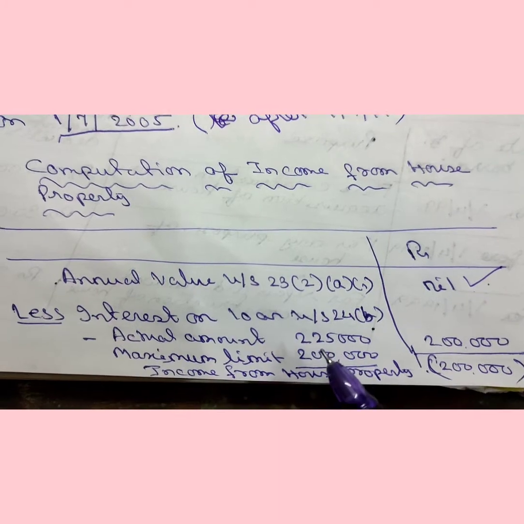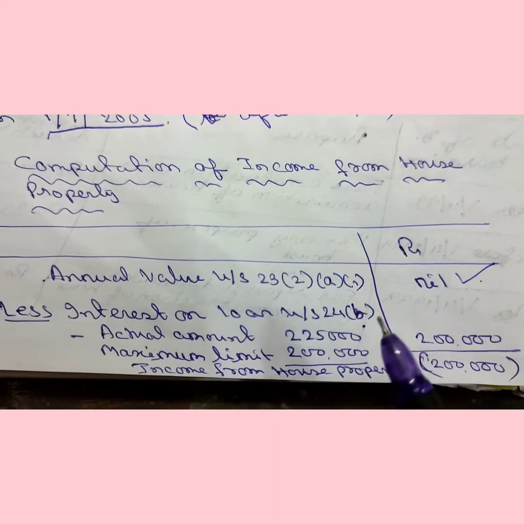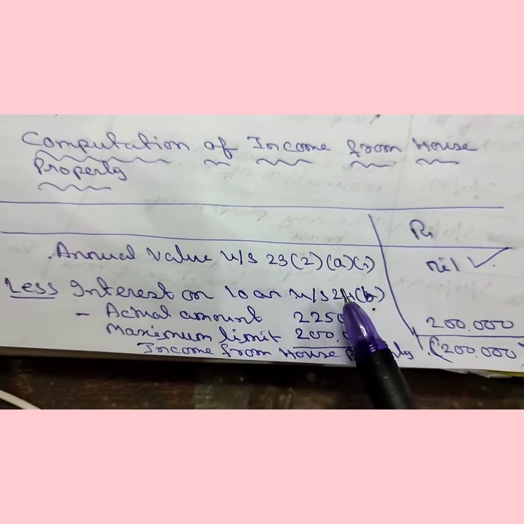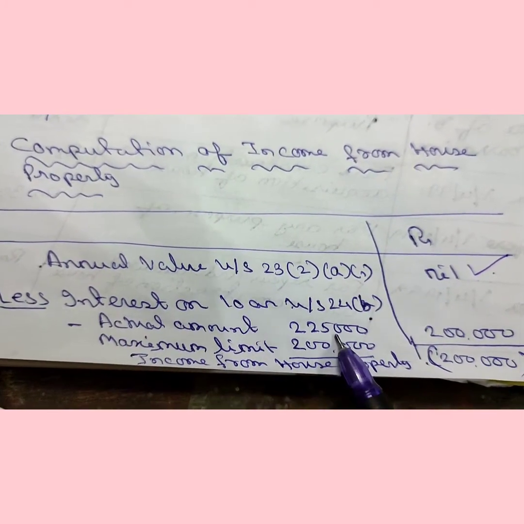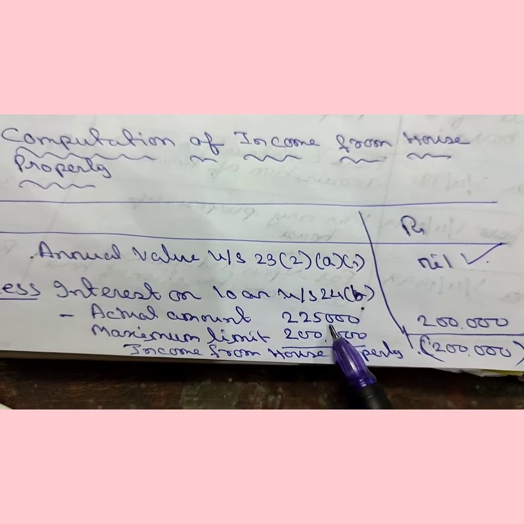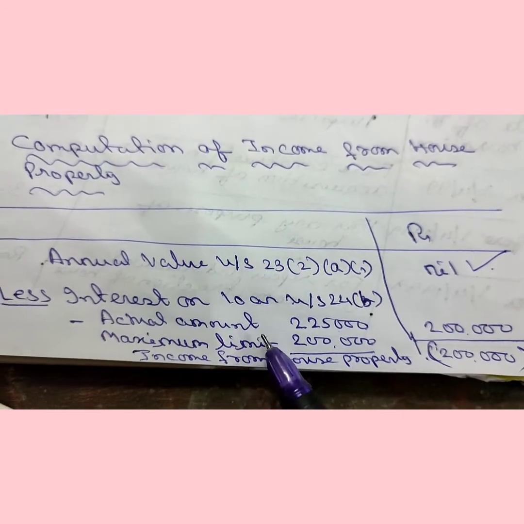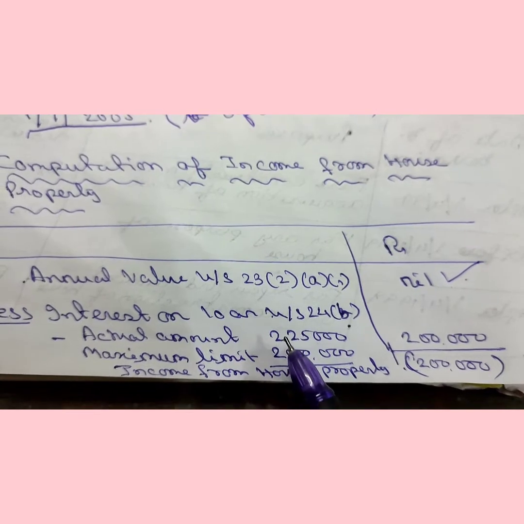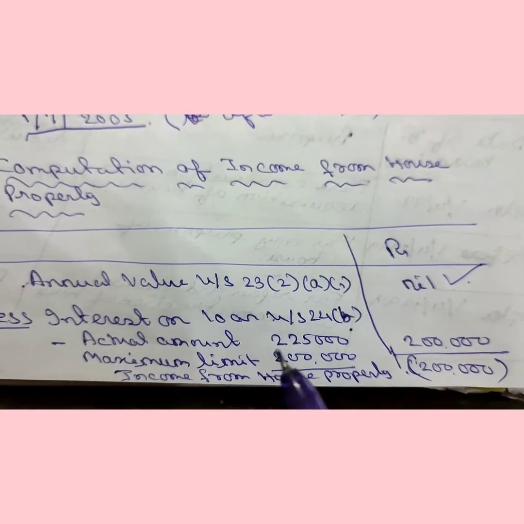So it is not required to write standard deduction here. Interest on loan, actual amount paid is 2,25,000. And what is the maximum limit? The loan is taken after 1/4/99, and the purpose of the loan is construction.